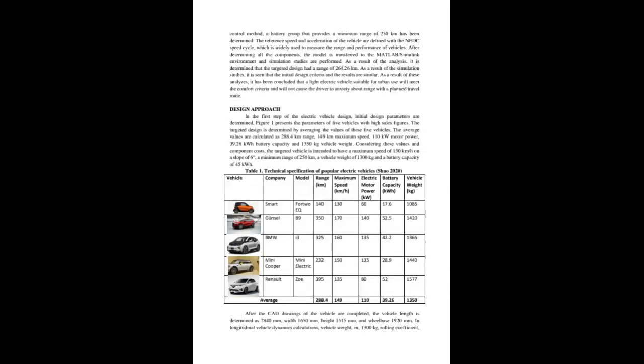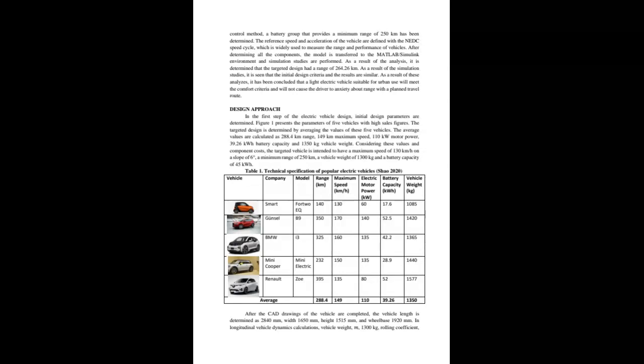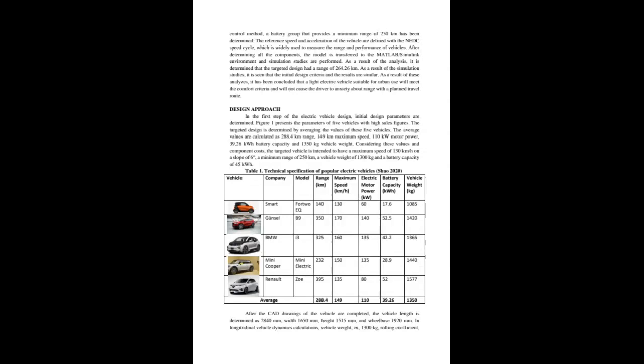This is called a light electric vehicle. For example, like your final project, we want to design a small electric vehicle for city conditions. In the first step, I need the electric vehicle design. Initial design parameters are determined.